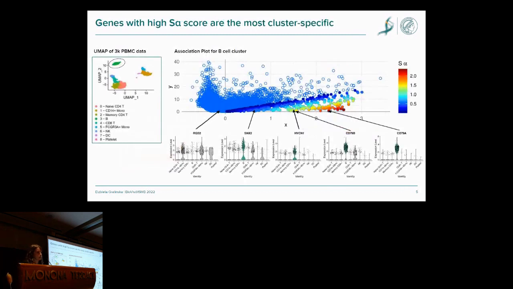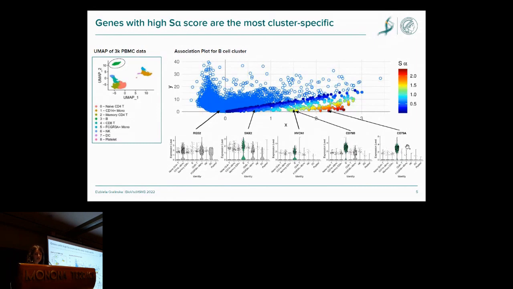And we can also go one step further and develop a method of measuring the strength of this association. Namely, we have invented something we call the S-alpha score, which helps us to estimate how strong is the association between a given gene from the association plot with a given cluster of interest. To give you an impression of how it looks like, I highlighted 5 example genes with different S-alpha scores.